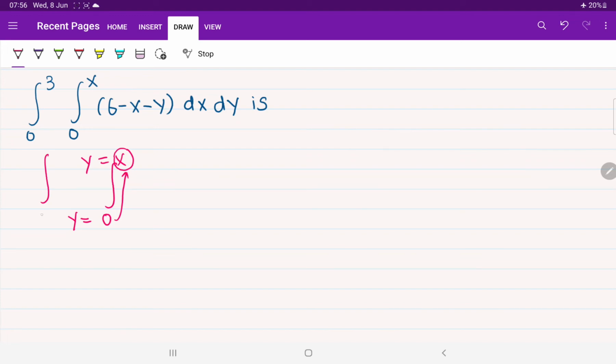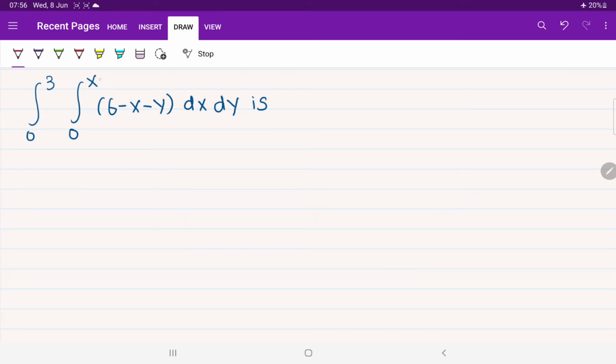If your limit is defined from 0 to y, then by default x is varying from 0 to y. That is the mathematical relation. I don't want to go too deep into that. Just keep these things in your mind. So it means you always have to select the opposite variable to the given variable in the limit.